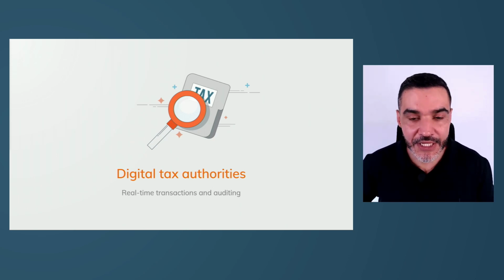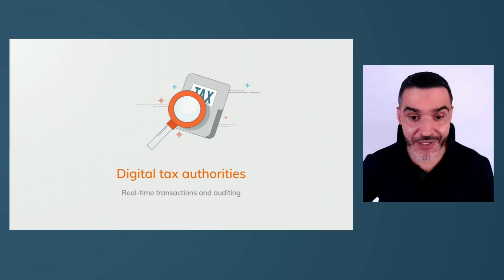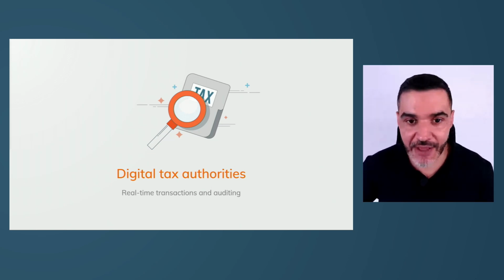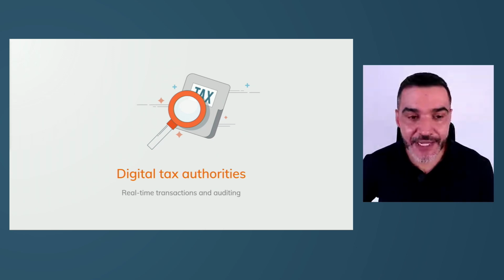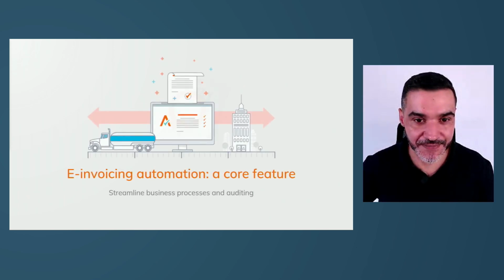It means that more frequently than ever, tax authorities have the capability to first be an active party of a commercial transaction. They can also audit those transactions as they happen in real time or near real time. And third, there is an immense increase in efficiency in the tax collection process.